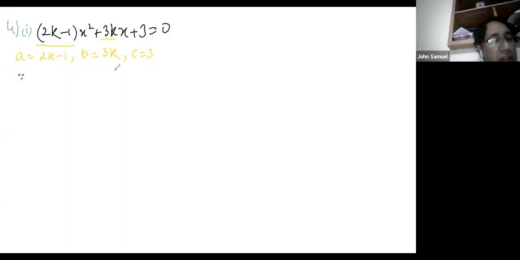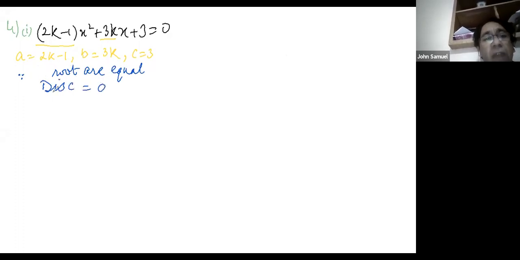So you can write it like this: since roots are equal, the discriminant is equal to 0. And what is the discriminant?